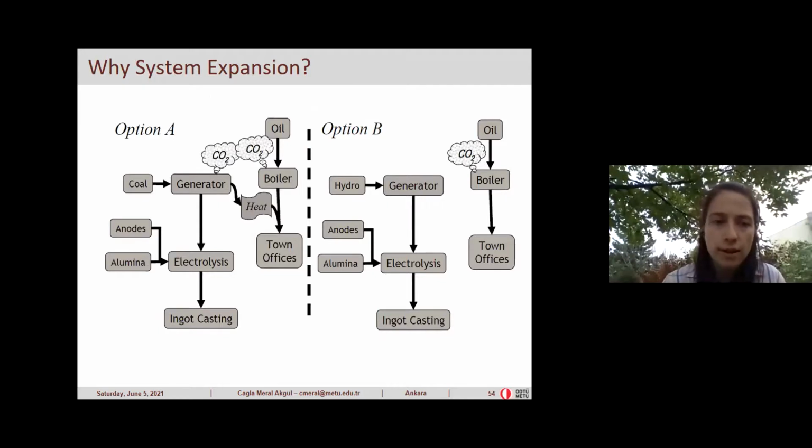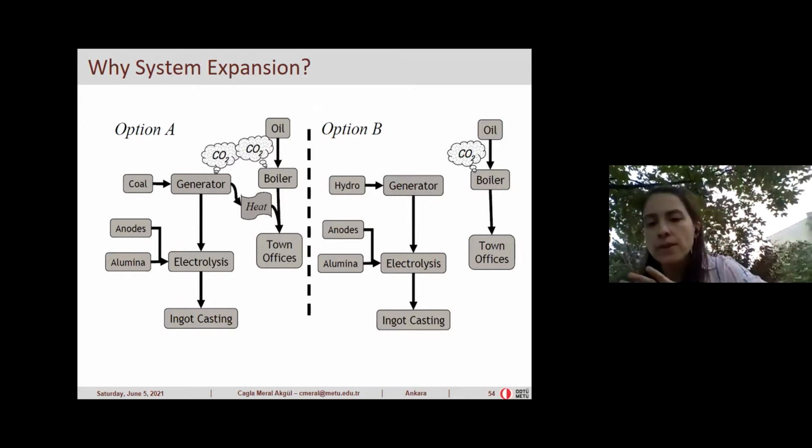Check option A. Option A, you actually include everything and you basically expand your system to include all of these flows. The second option is basically separate these flows and assign all the heat, assign no heat actually, no heat. So waste heat is not even considered in the second option.